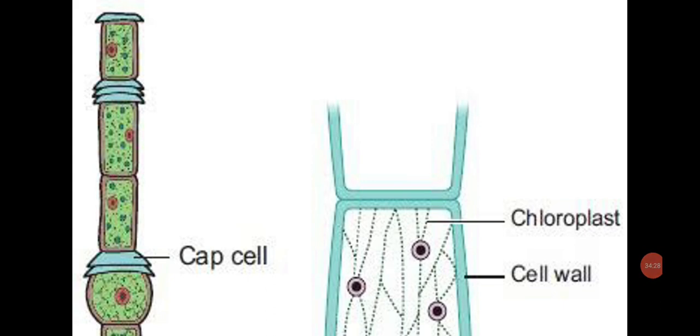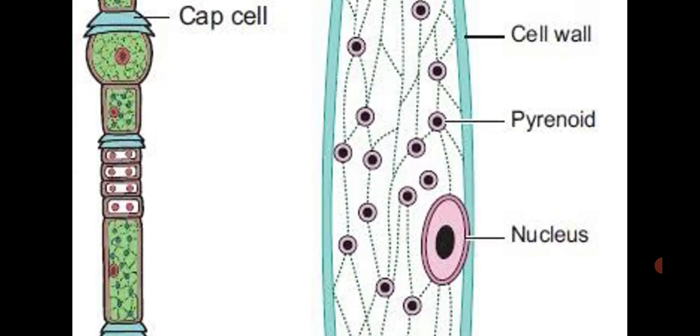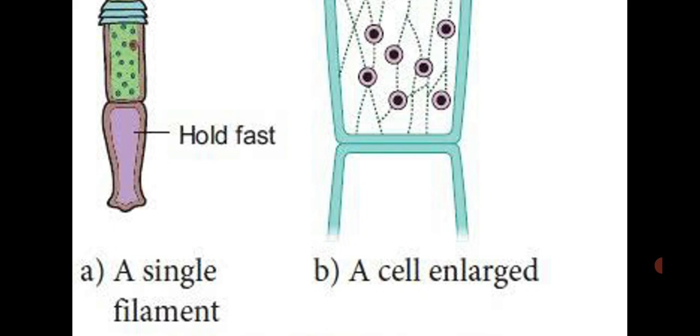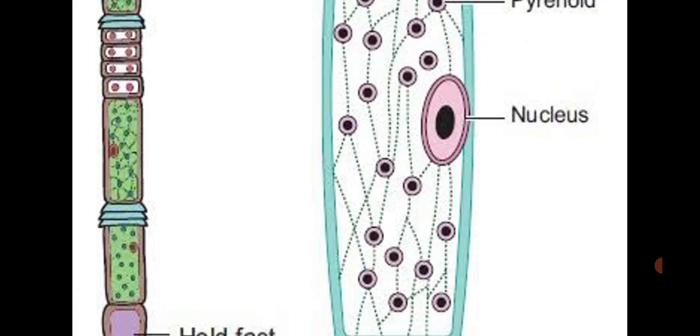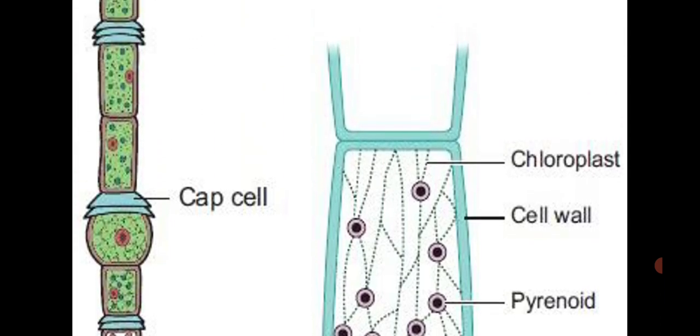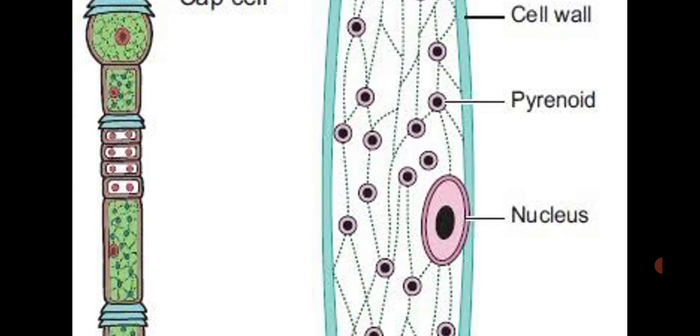The last one is the example of Oedogonium. See, it is an example for eukaryotic cell and also multicellular organism. Each and every cell lies one above another to form an alga called Oedogonium. It is a single filamentous structure only. So this is the structure of the individual cell. See the nucleus, which is ovoid in shape, surrounded by two membranes, outer membrane and inner membrane.